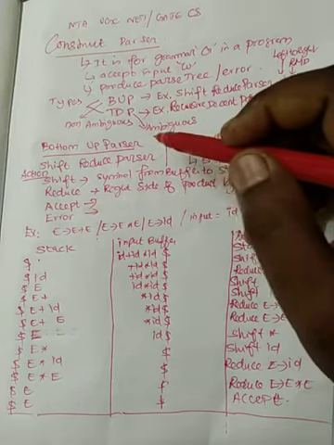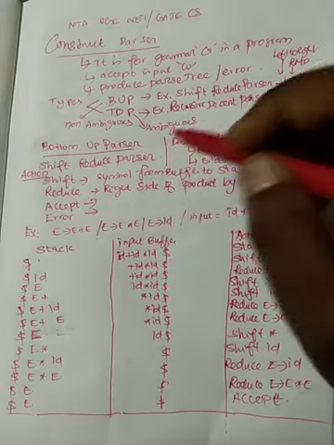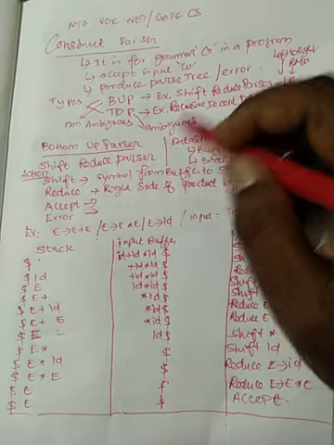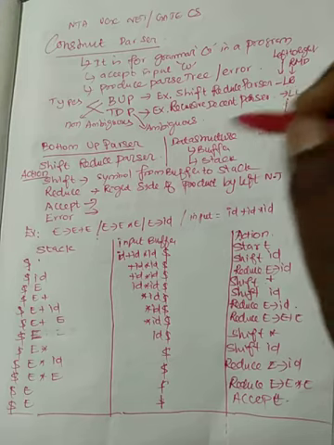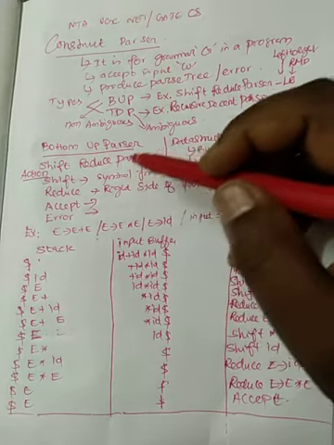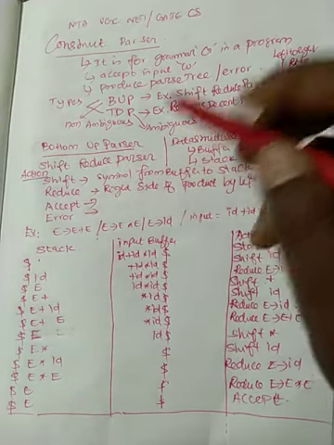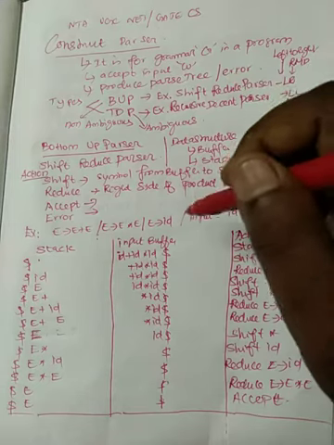That's why we prefer the bottom up parser. Now I will go with an example for a bottom up parser, that is the shift reduce parser. I'll take one example, and before that, let me explain what it does.